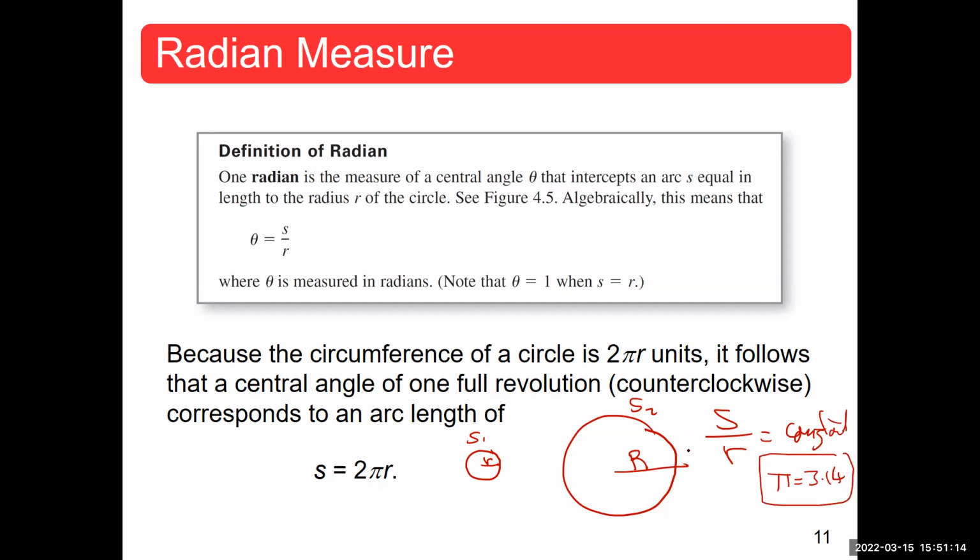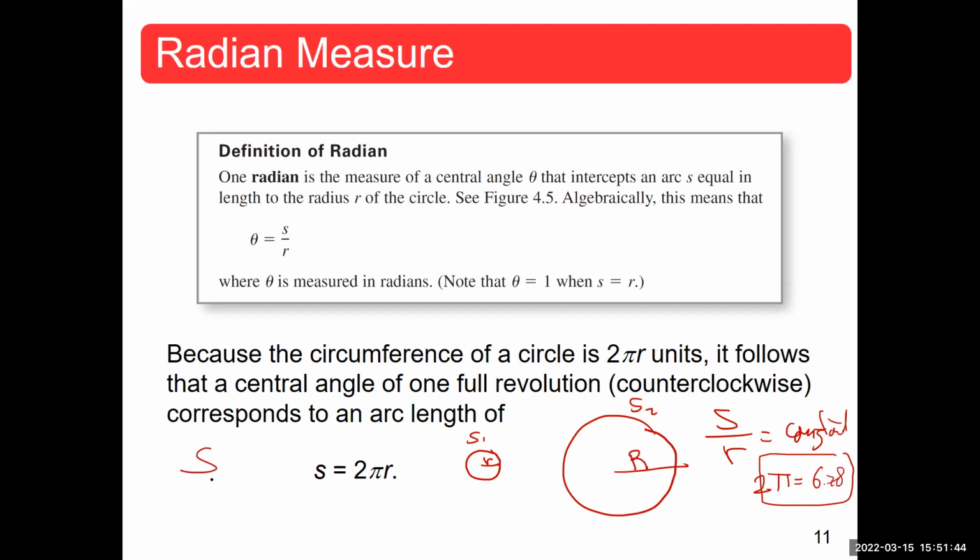Actually, I'm wrong here. Let's see. Yeah, S over R is a constant, but it is 2 pi, not 1 pi, which is 6.28.